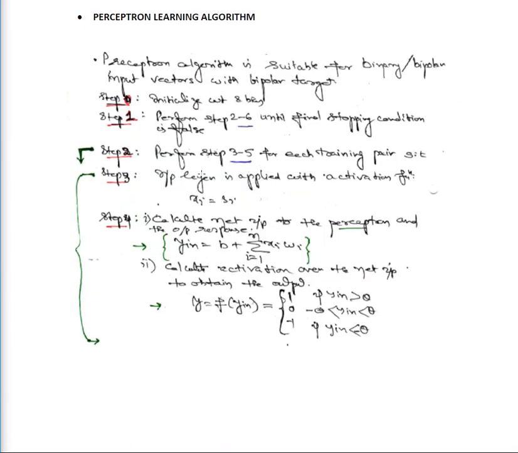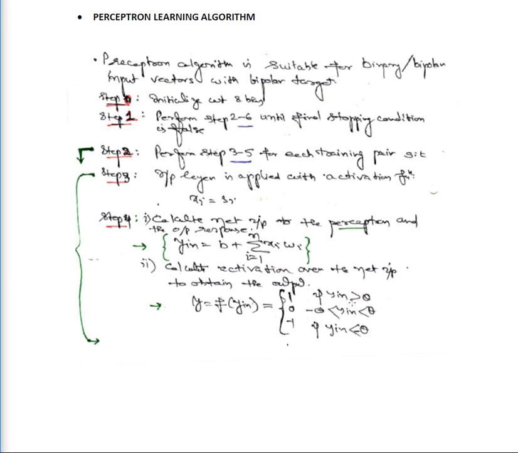In step 3, first of all, we take an input layer applied to the activation function: x of i is equal to s of i. Now calculate the net input, so we are calculating y in. So y in is equal to bias plus the summation of input and weight. That is what we calculate. After summing, the next step is applying the activation function to obtain the output.